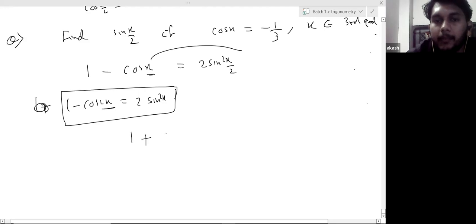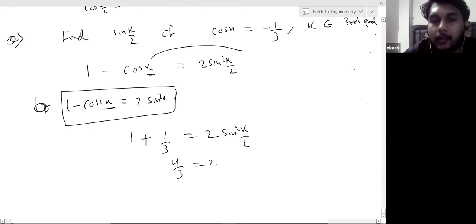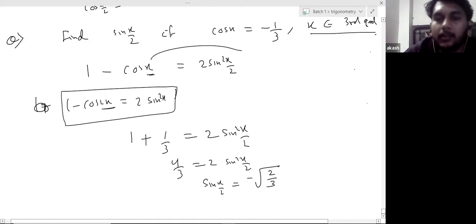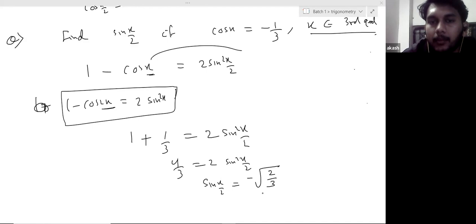So 1 plus 1 upon 3 goes to 2 sine square x by 2. All right. So this is 4 by 3, 2 sine square x by 2. So sine x by 2 is under root 2 by 3, plus or minus, minus, because x is in the third quadrant. All right. I hope this is clear.